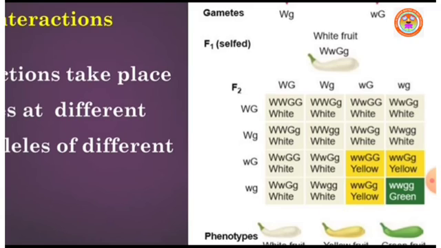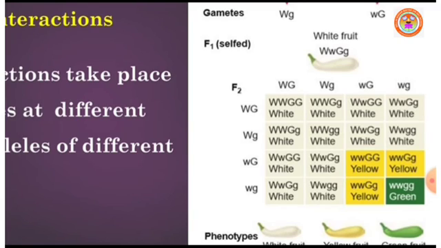So if you see the yellow color fruit in this genotype, the capital W gene is not there. Instead, the hypostatic gene called capital G is present. So if at least one capital G is present, in the absence of the epistatic gene, the color of the fruit will be yellow. In the case of green, both the epistatic and hypostatic genes are absent.